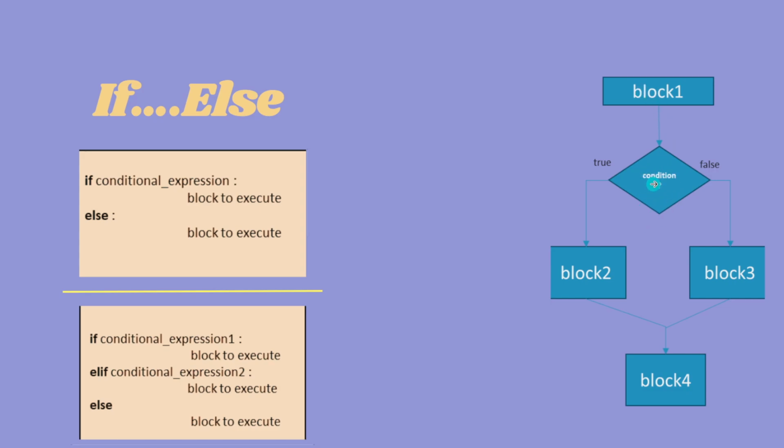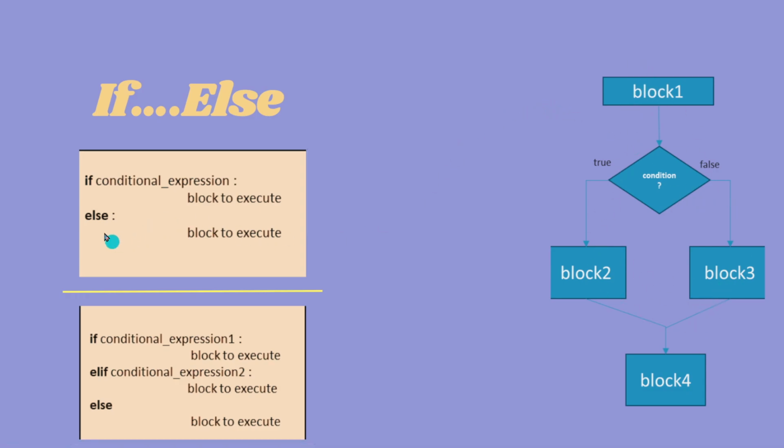If this condition is true, then block 2 will get executed. If this condition is false, then block 3 will get executed. After completing either block 2 or block 3, it will go and perform the block 4 execution. So this diagram explains how if and else condition works.